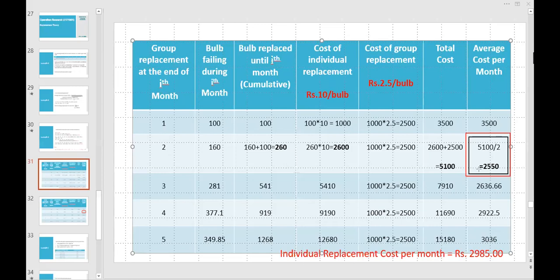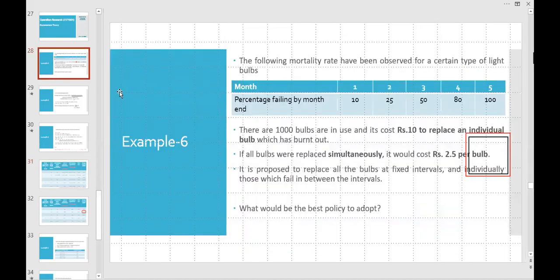2985. So if you want to choose out of this, we must write a line that it is advisable to select group replacement, because in the question we have been asked to give a statement. Here we have to say what should be the best policy.